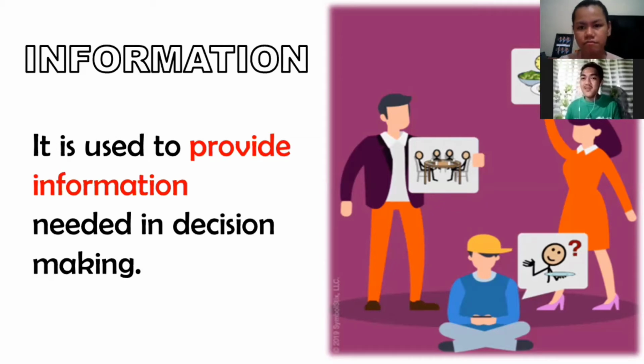So that information helps you to decide kung pupunta ka ba or hindi. Unless hydro party or swimming, pupunta ka dahil mas maraming tubig. Okay, so that is what we're talking about.